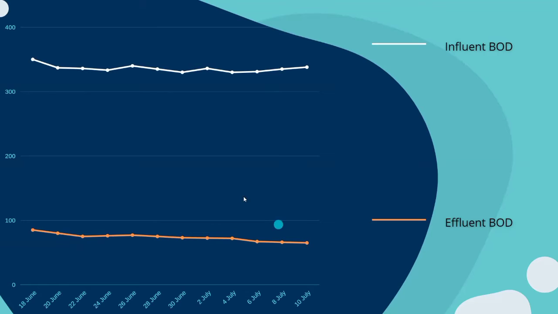Then influent BOD on 18 June was 350, 20th June it was 337, then 336, 333.3, 340, 335, 330, 336, 330, 331, 331, 335, and 338 on 10th July. Units are in milligram per liter.